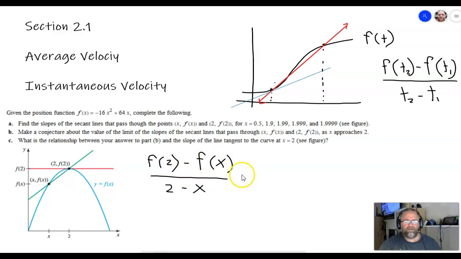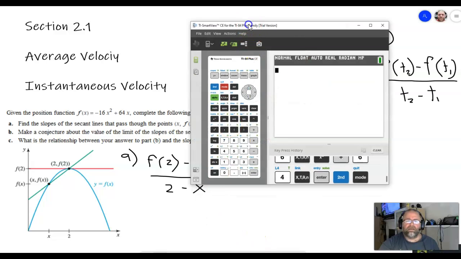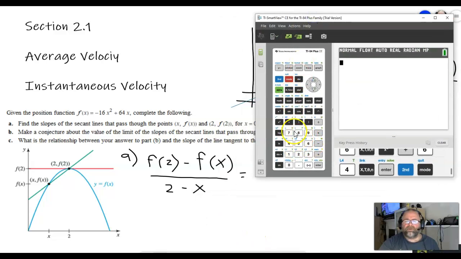All right, so what we need to figure out for this one is what is f of 2? And for the first x value, we're going to do f of 0.5. This is part A here. So we are going to grab the calculator back, and I'm going to do f of 2.